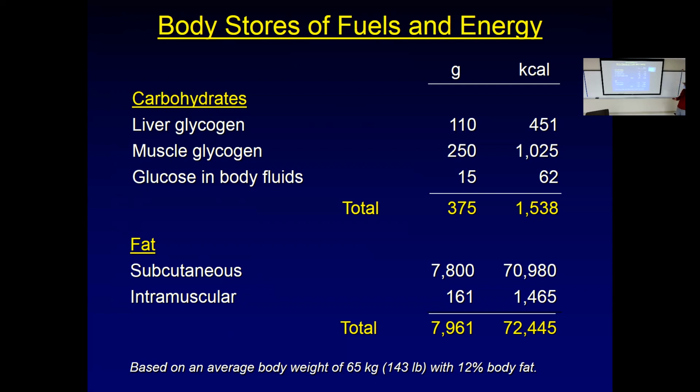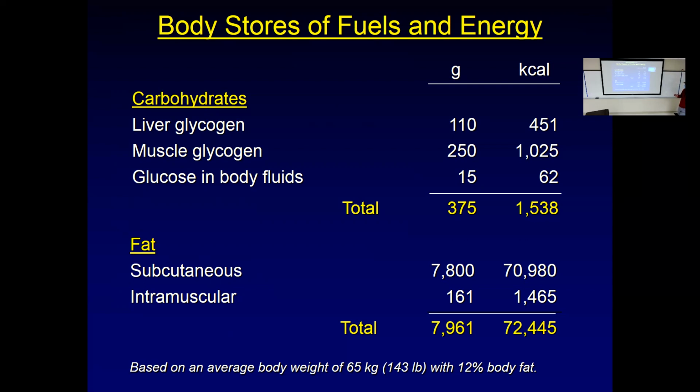So this is typically like a cross-country runner kind of guy. Here, about 1,500 kcals, and when I say kcal, that just means a calorie. What we think of as calories are really called kcals. So about 1,500 calories of stored carbohydrates in the body at any one particular time.